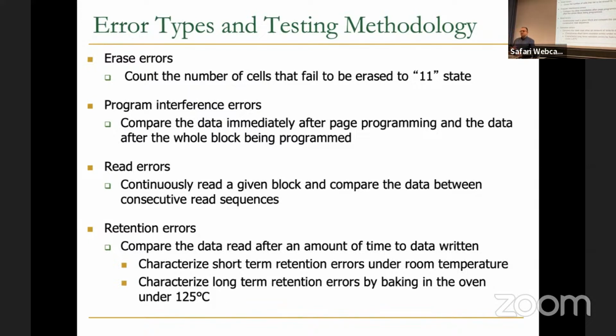I think they are not reported for flash memory, but it's a process that people have developed in order to accelerate aging. So they bake their devices in the oven. We thought that we can do similar stuff for flash chips, and we have done that. And later on, people have also developed techniques on top of this baking. So this is a known technique.